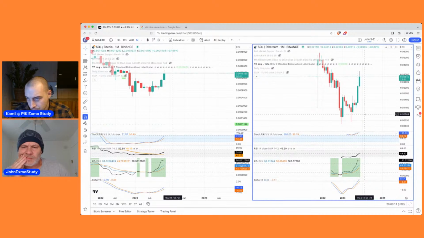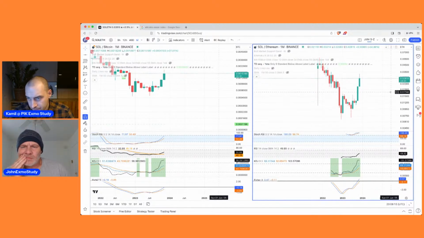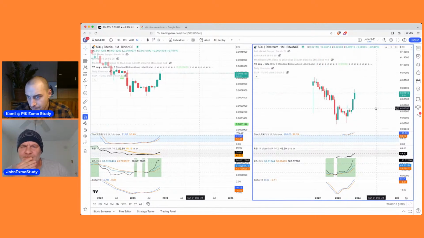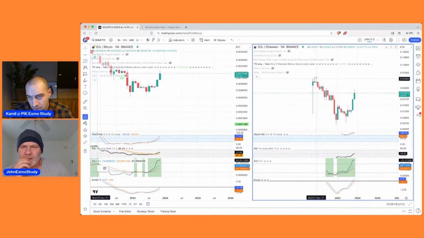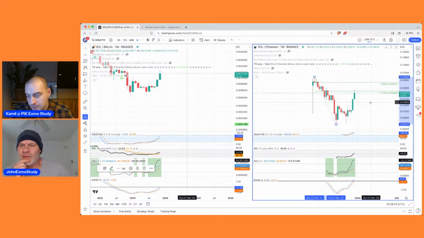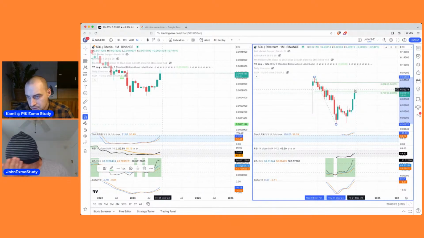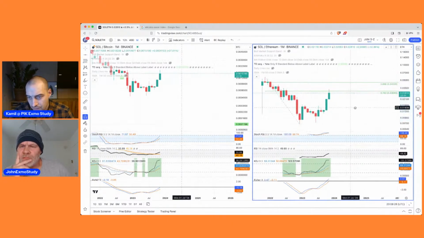Stochastic is overbought, I mean. And I want to see how far we are up the Fibonacci ladder. Okay, so technically this is the take profit area.